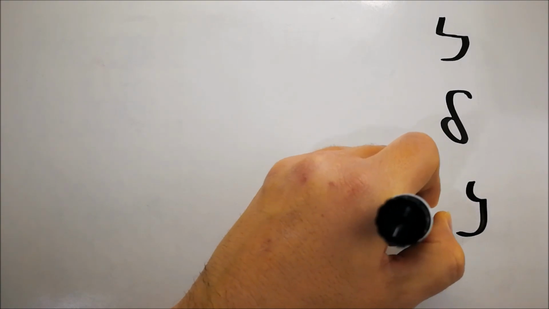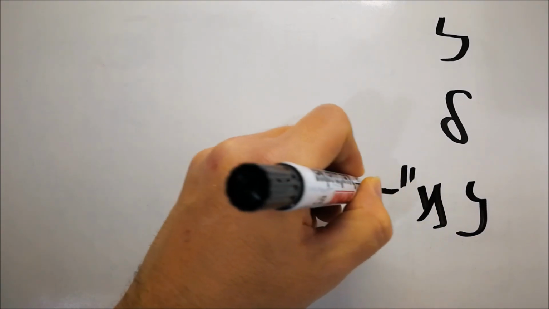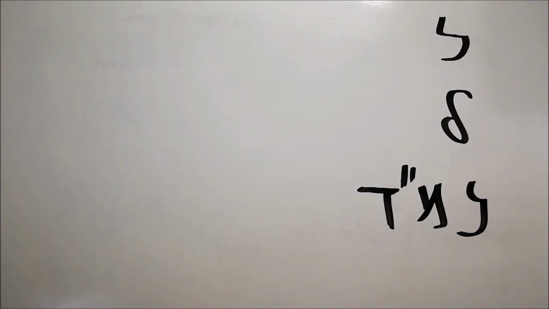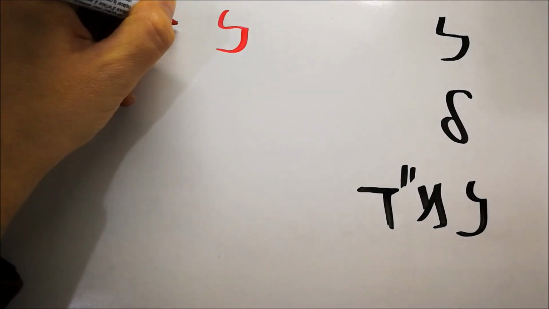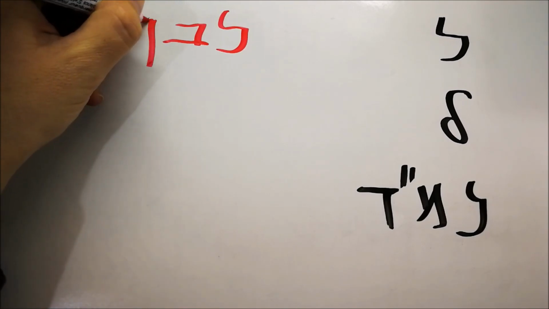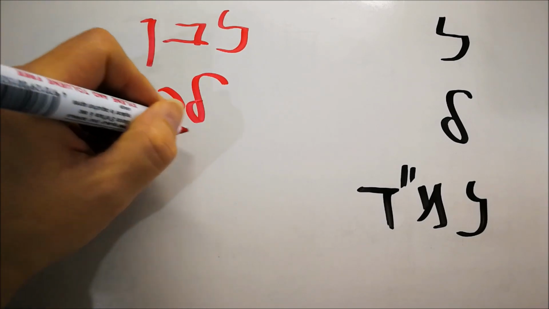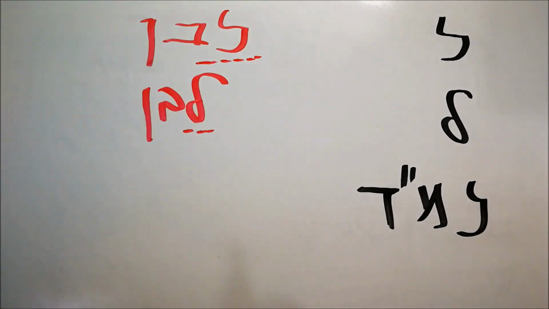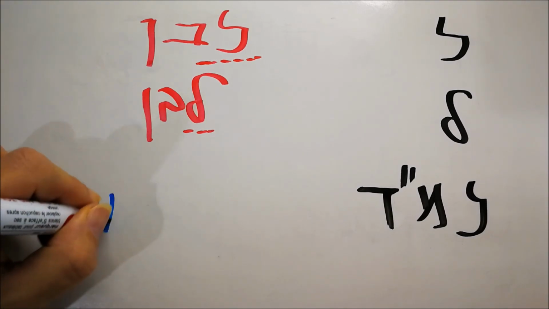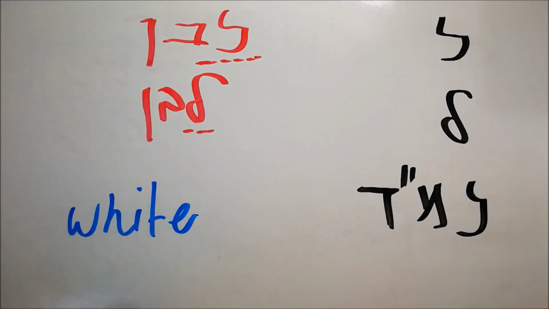This is how you spell the letter Lamed. A word example for the letter Lamed is Lavan. This is how you write Lavan in print and in handwriting. Lavan means white in English.